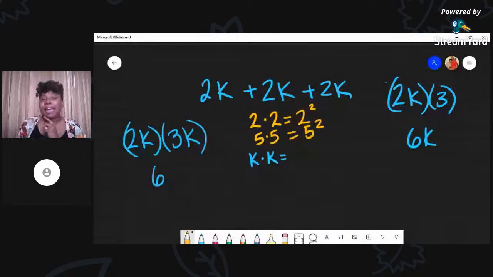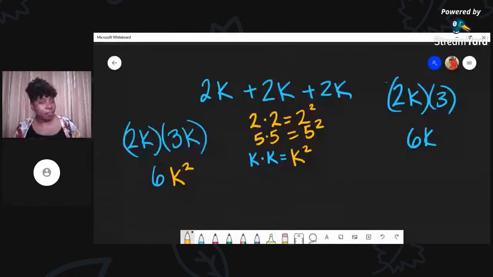K times k is K squared. So we're still saying it's k times k. Just like in that last example where we had an L, we're saying 2 times 3, which is 6, and k times L. We just write it as KL, but we know that means k times L, because they're next to each other, so that means multiplication.